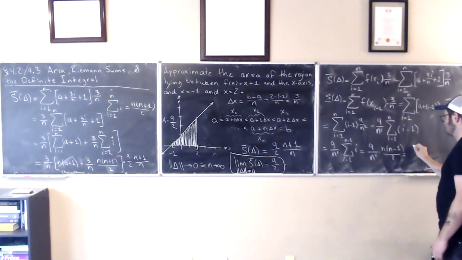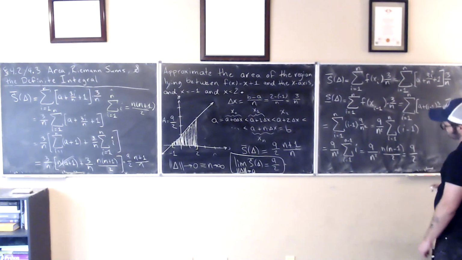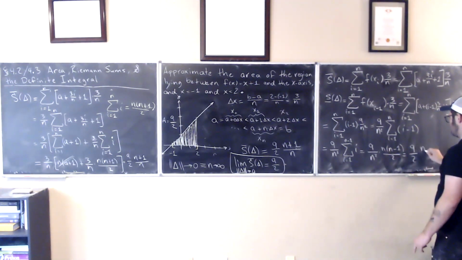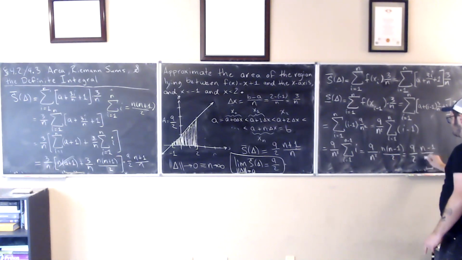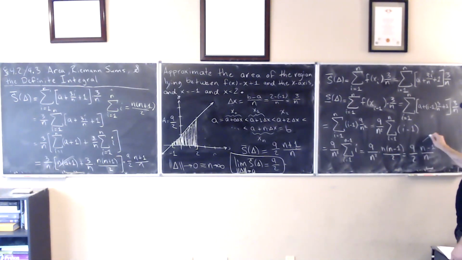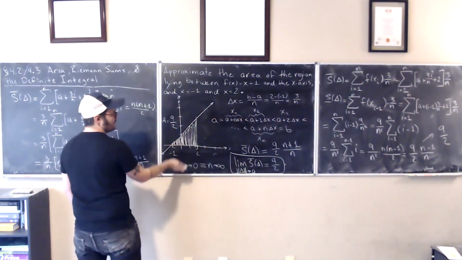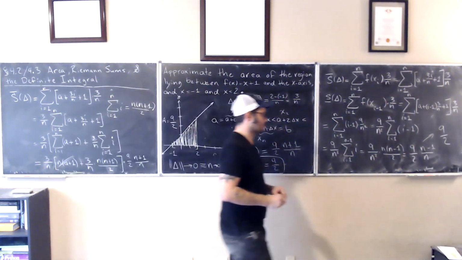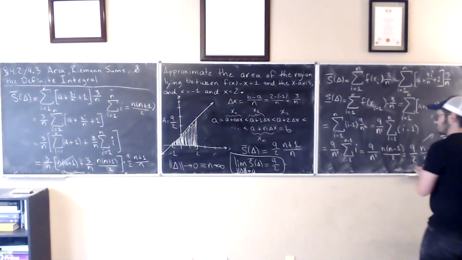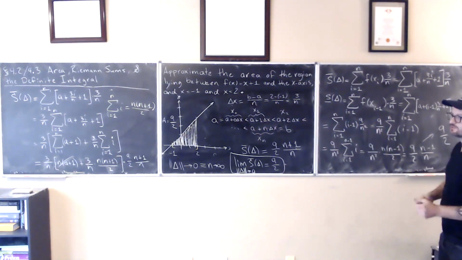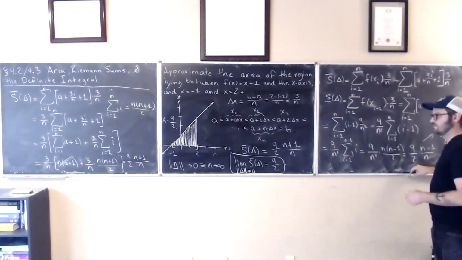So you get 9/2 times n minus 1 over n. And where does that go? As n goes to infinity, 9/2. So the upper sums and the lower sums converge to the same thing. In that case, we say that the function is Riemann integrable when these upper and lower sums converge to the same number.